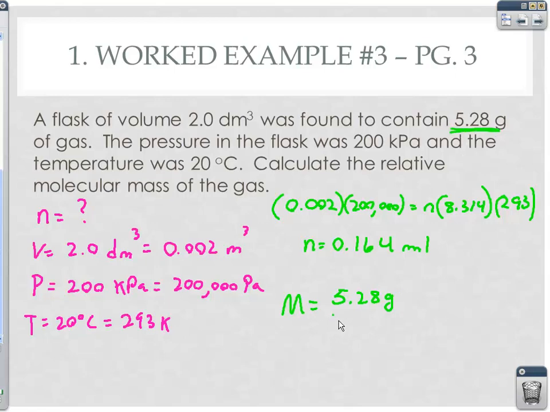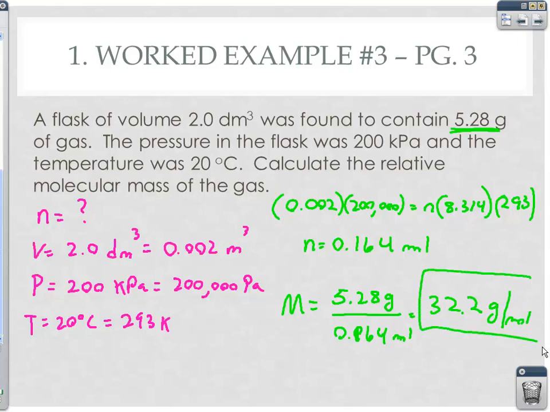Okay, so to find molar mass, you take mass over moles, 5.28 grams from here, divided by our moles. And you get 32.2 grams per mole.